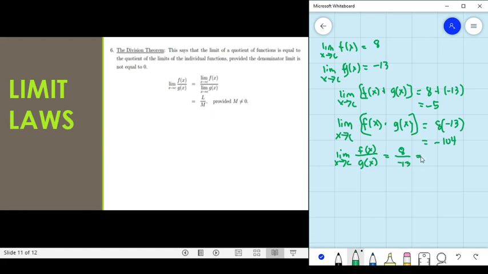So we are going to divide 8 by 13 to get a decimal. Okay?